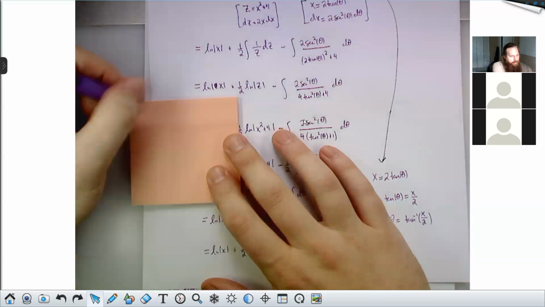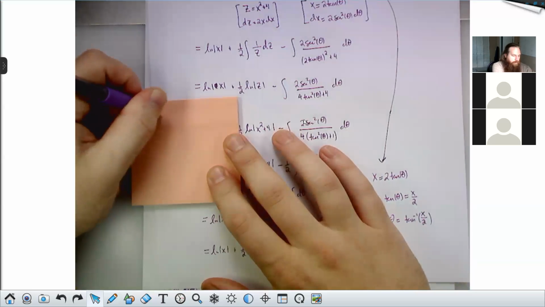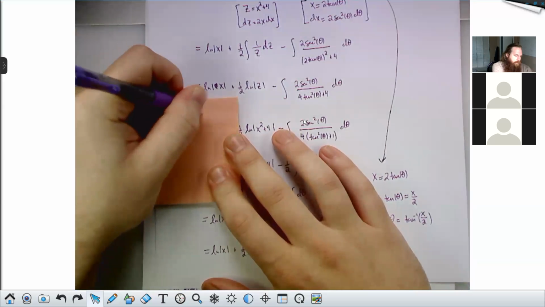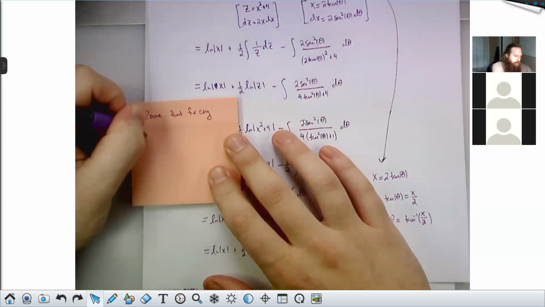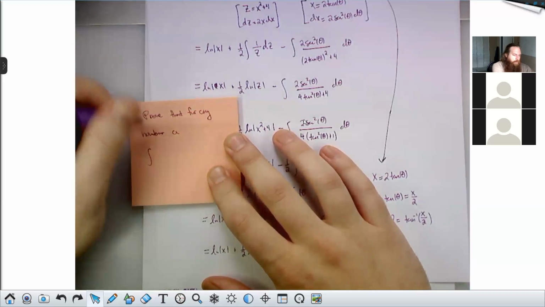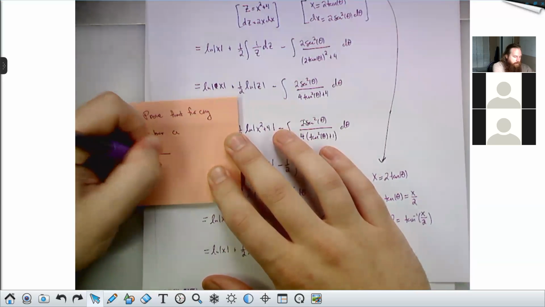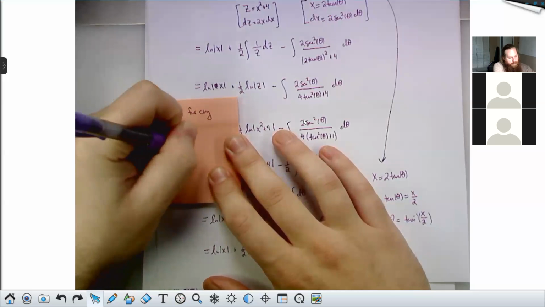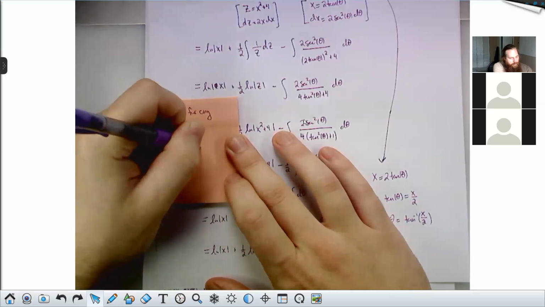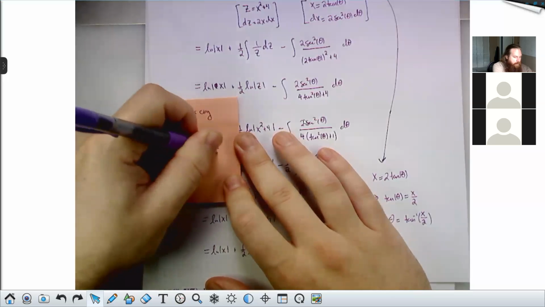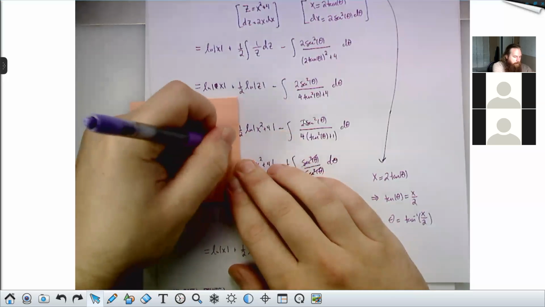I would like you guys to prove that for any number A, the integral of 1 over x squared plus a squared dx always comes out to 1 over a times the inverse tangent of x over a plus c.